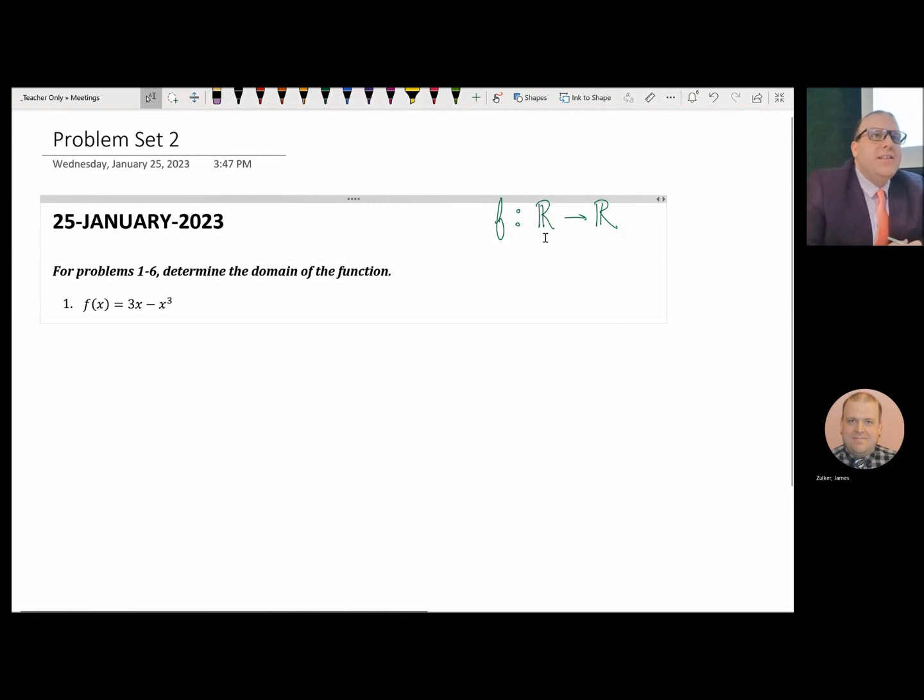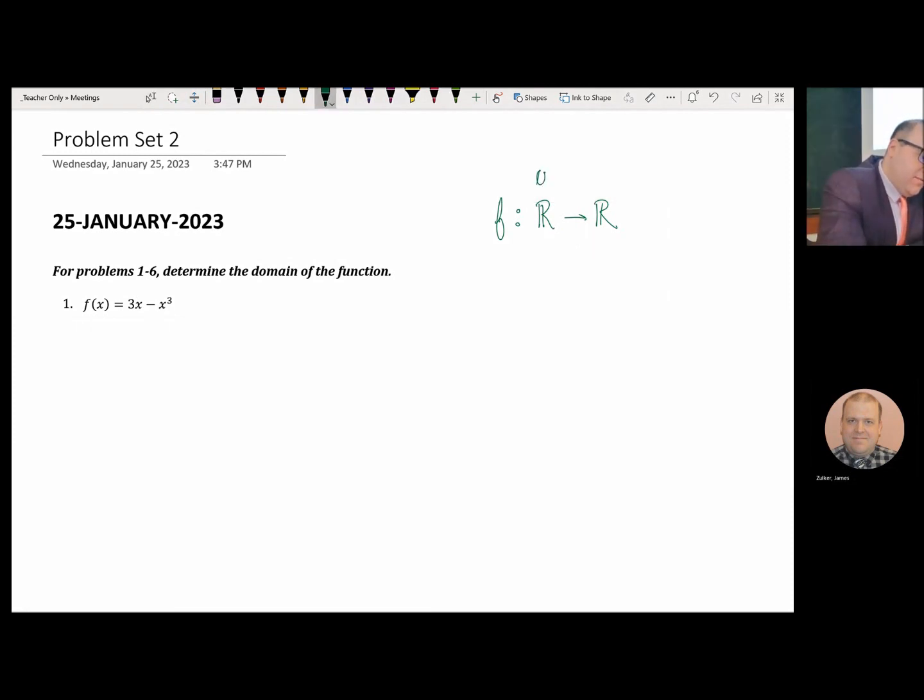This first set is the domain. Second set's the codomain.